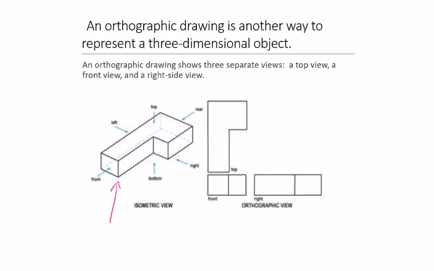And then this would be an orthographic drawing, which is showing separate views of the top straight on, or the front straight on, or the right straight on, or whatever. And these lines here, sometimes they're dotted, represent where you have something protruding or going back into the figure.